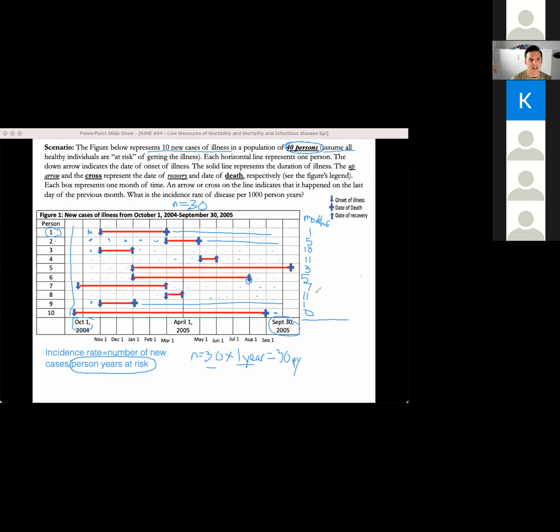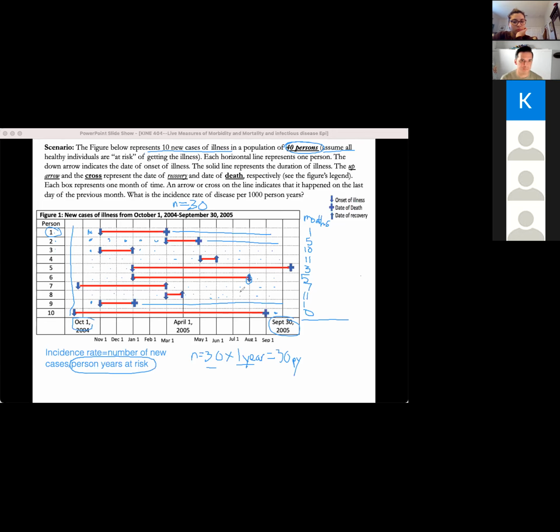So if it says that once they recover, that they can get sick again, and I told you that in my description, it doesn't say it in this particular scenario, then that means that you would count those months after. If it said when they recover, they are now immune to getting that disease again, you would not count those months after, because they're not at risk for that particular disease.